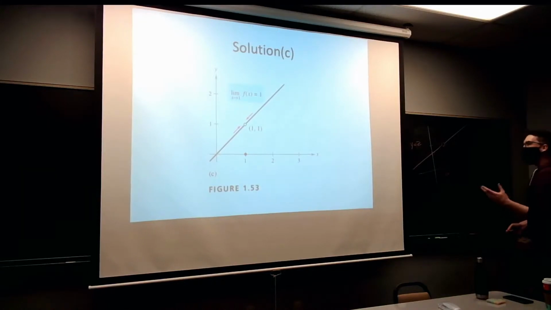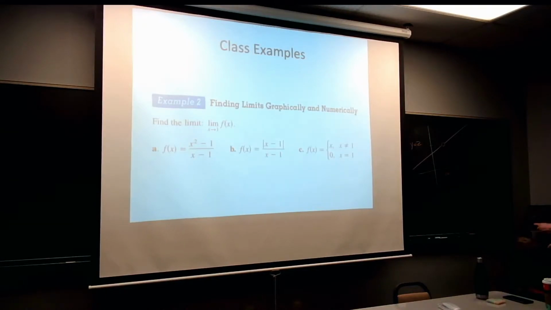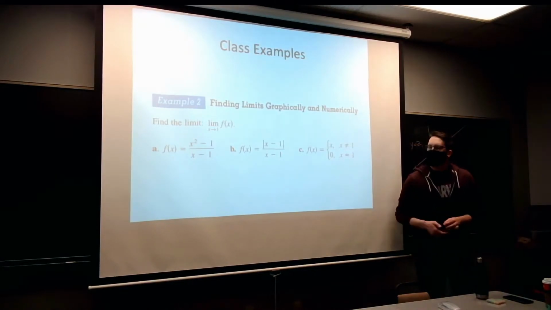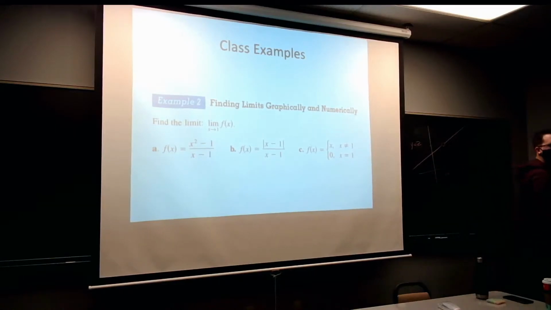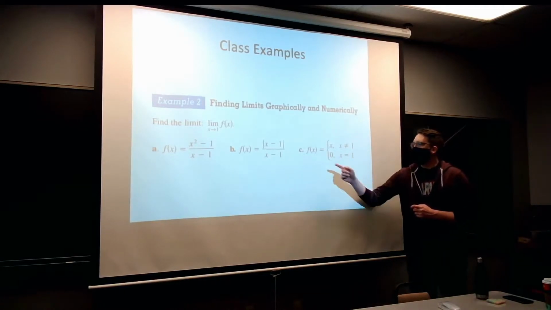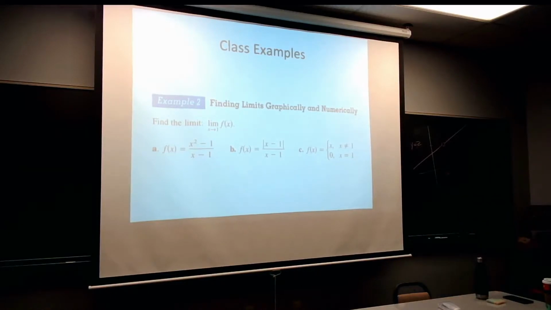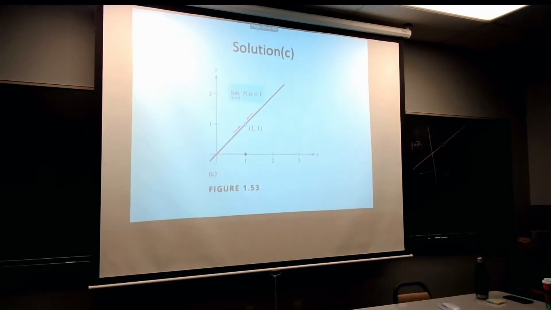Now, in this case, C, let me go back to it. C is this piecewise equation, right? So it's going to be equal to x everywhere our function is, except at 1. When x is equal to 1, our function is going to be 0. What this looks like is this.